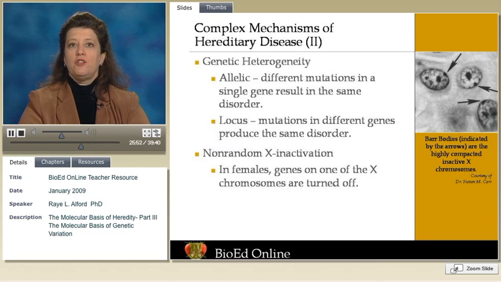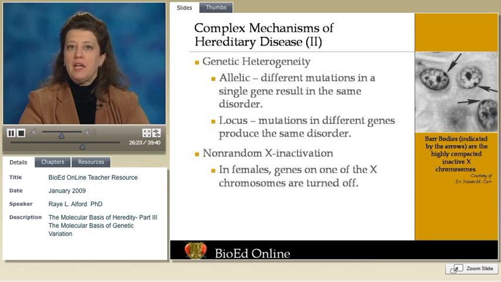X inactivation usually occurs randomly within the cells of a female, such that approximately half of the cells of a female express the genes from one of her X chromosomes, and the other half of her cells express the genes from her other X chromosome. However, skewing can occur in X inactivation. Skewed X inactivation is observed when one of the X chromosomes of a female is preferentially inactivated in substantially more than half of her cells.